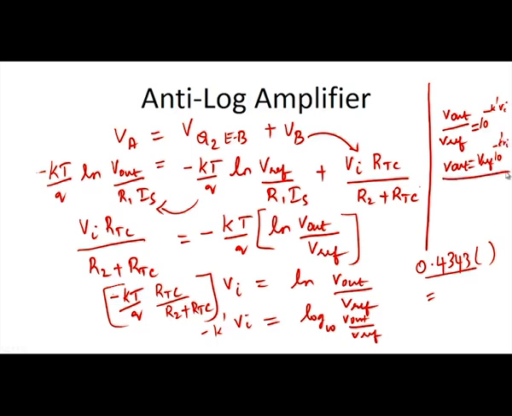This is the final equation. If you increase the input voltage by 1 volt, then the output voltage will decrease by 10 times. So, in this equation, the output voltage will decrease 10 times for an increase in the input voltage.